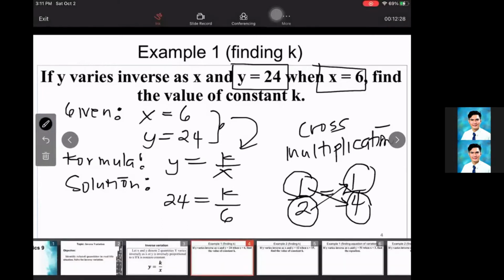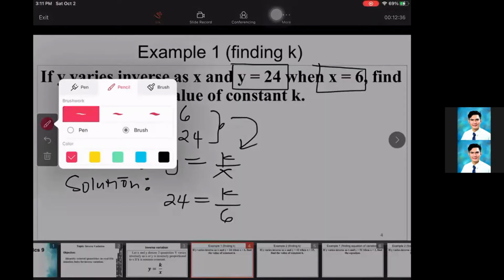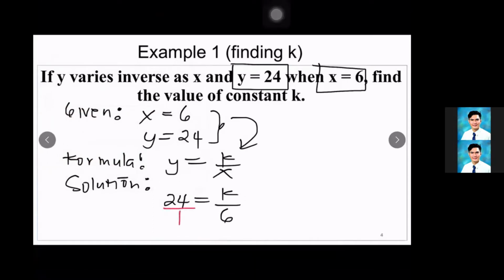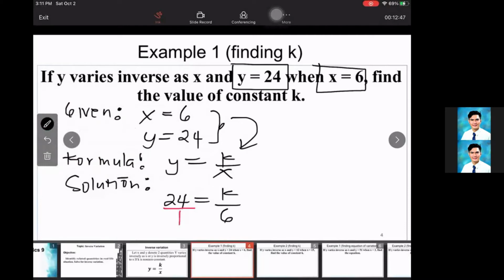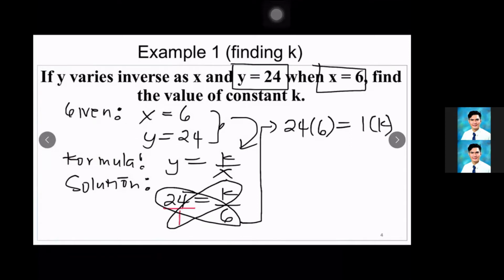Now we will apply cross multiplication in our solution. Before we cross multiply, always remember that 24, or any whole number, has a denominator of 1. After writing the denominator of 1, we can now cross multiply: 1 multiplied by k and 24 multiplied by 6. So 24 times 6 is equivalent to 1 multiplied by k.